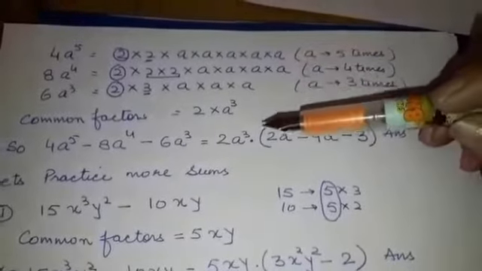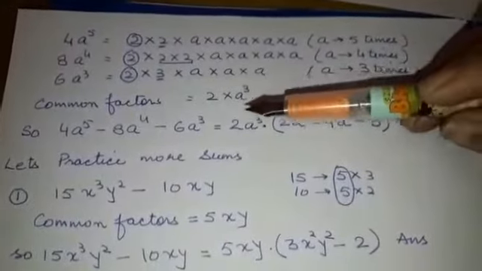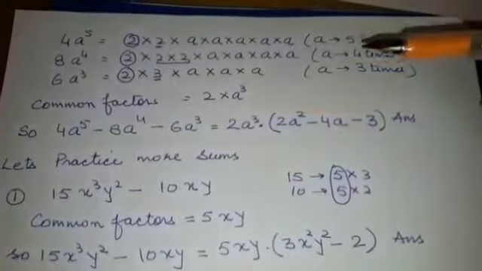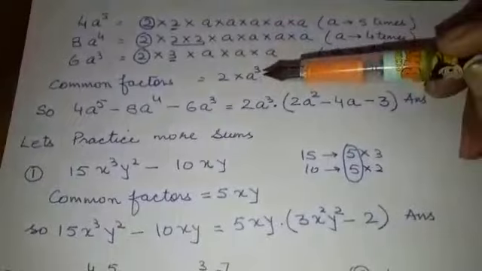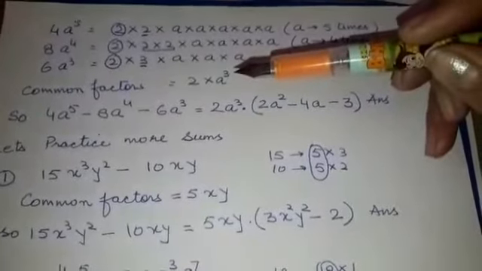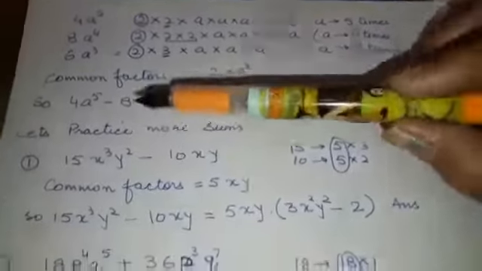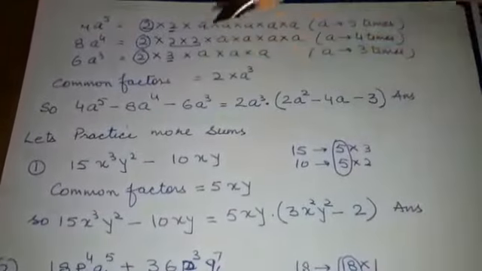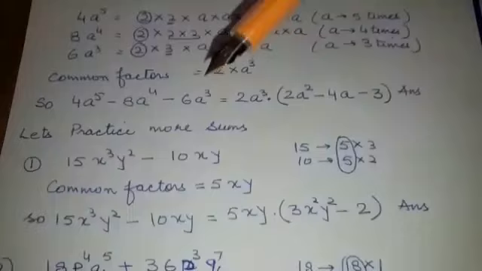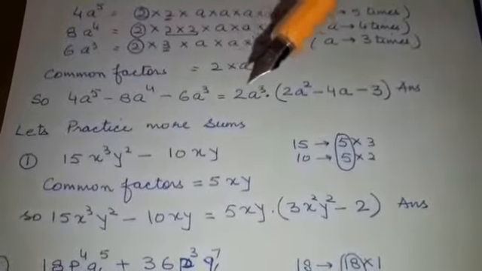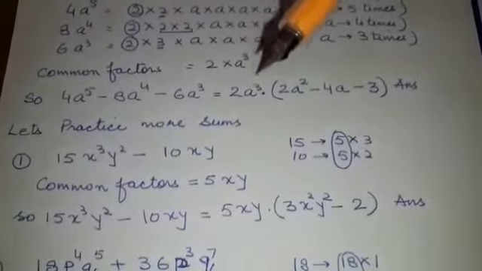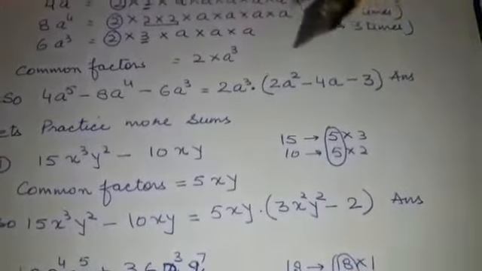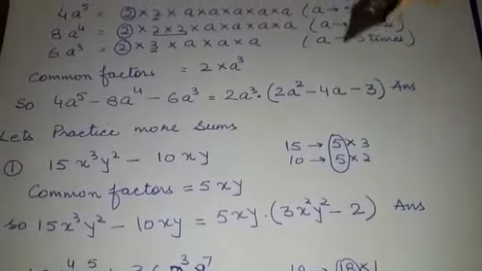That means we write common factors as 2, this was here, and a raised to the power 3, that is a cube. So the given expression 4a raised to the power 5 minus 8a raised to the power 4 minus 6a raised to the power 3 is equal to 2a raised to the power 3 multiplied by, now see what comes in the bracket.